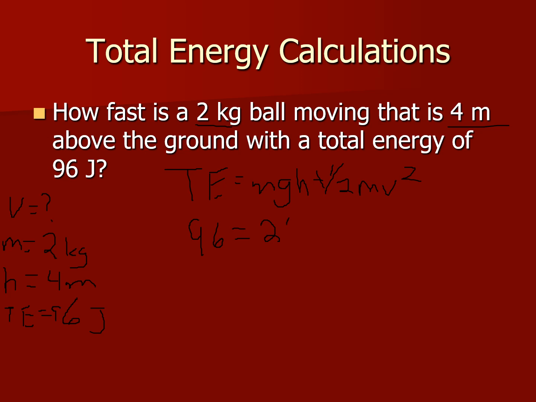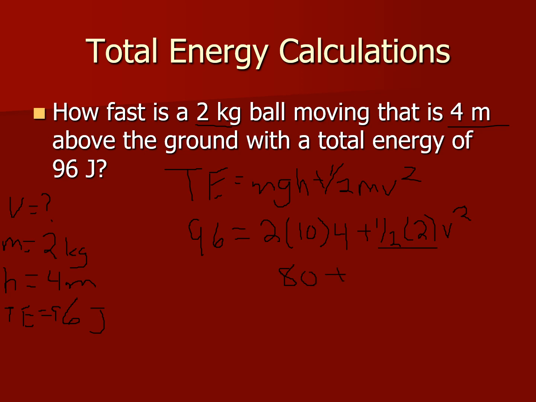The mass is 2. Gravity is 10. The height is 4. Plus 1/2. The mass is 2. And we're looking for the velocity. Okay, so this is what we're going to do. 2 times 10 times 4, you just multiply all that together, you get 80.